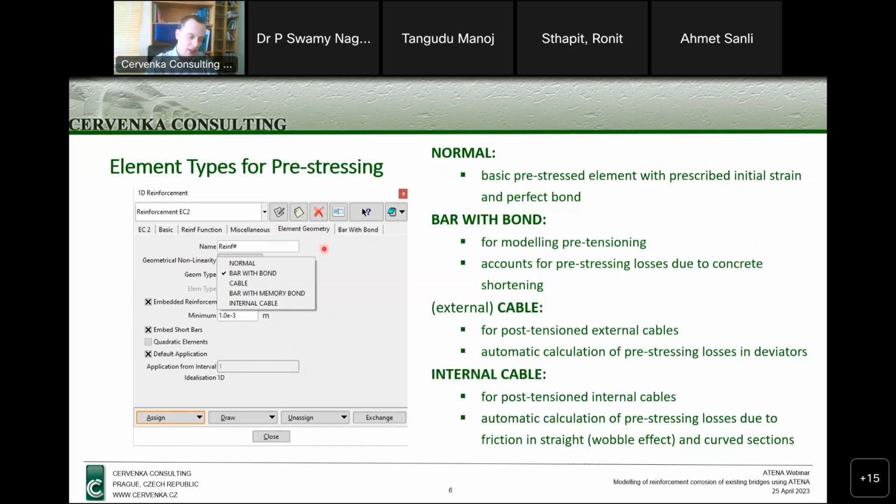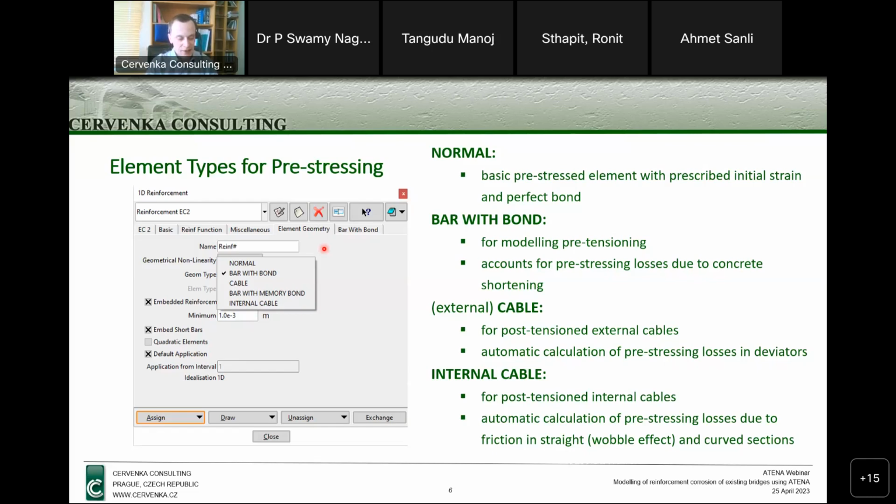Either we prescribe the prestressing as the initial strain, which is applied to the model, and the resulting forces are transferred to the concrete.